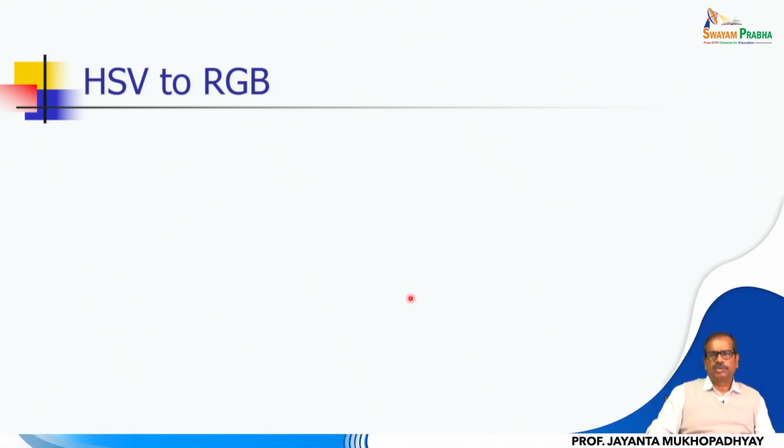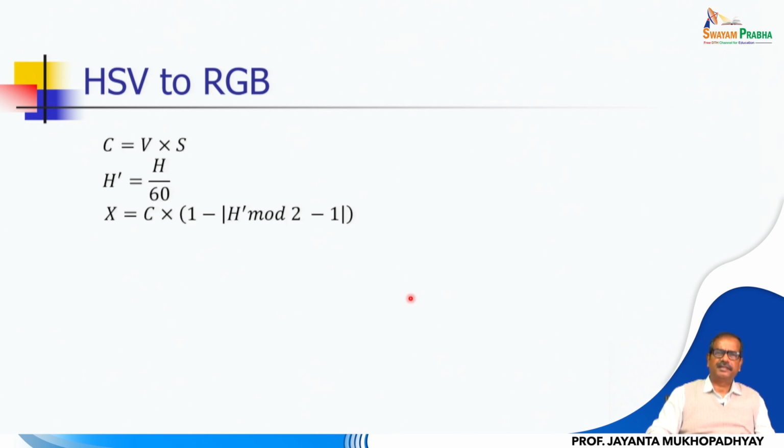I have just shown you how you can transform from RGB color space to an HSV color space. The reverse is also there, and since it is nonlinear, I am showing you how the computation proceeds. Suppose you have an HSV value, first you have to compute C, which stands for chroma, H prime and X using these expressions.